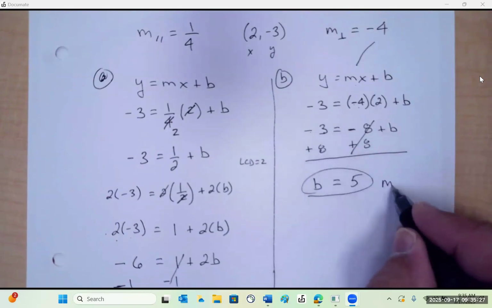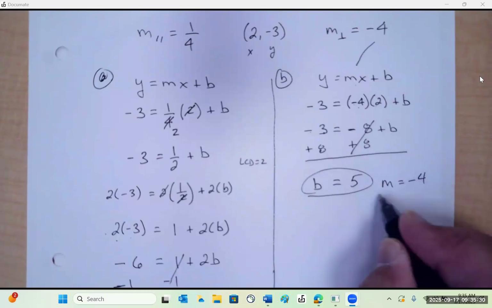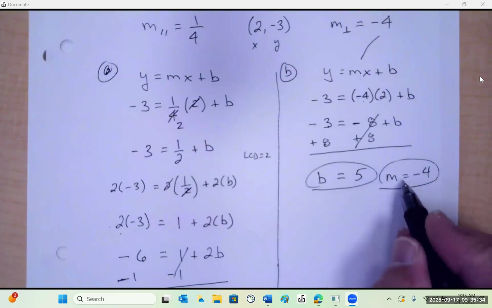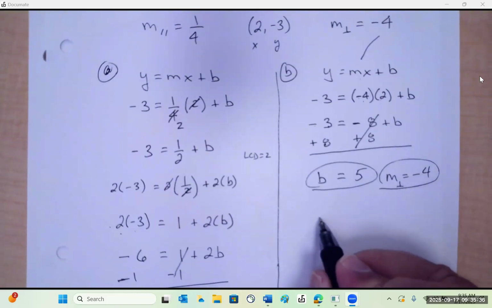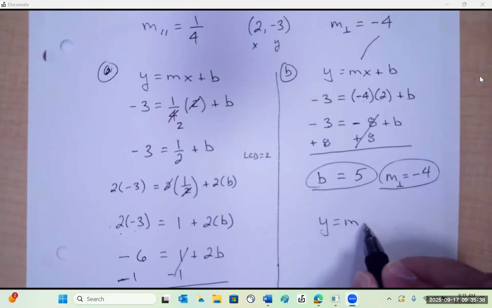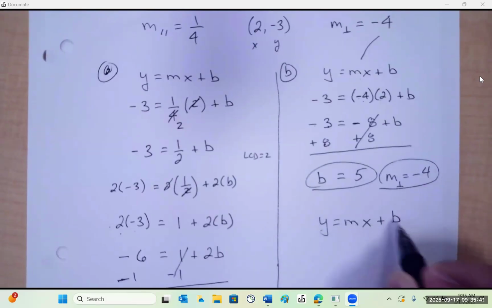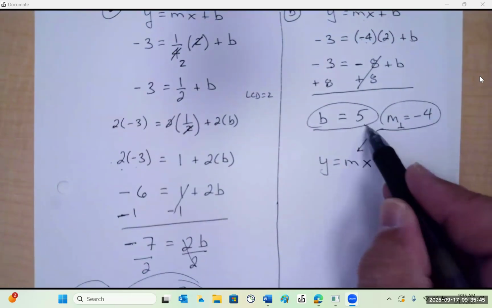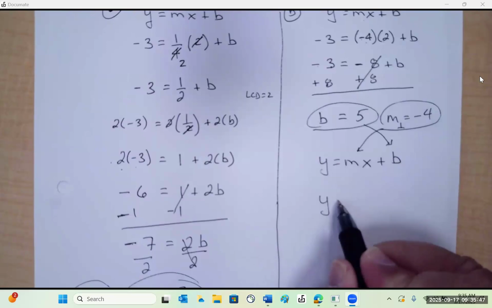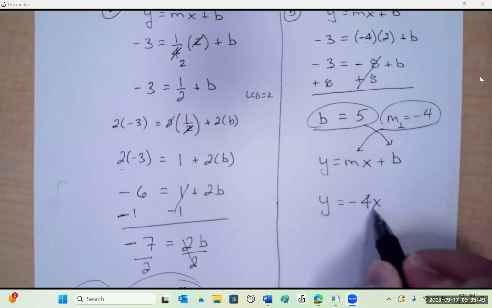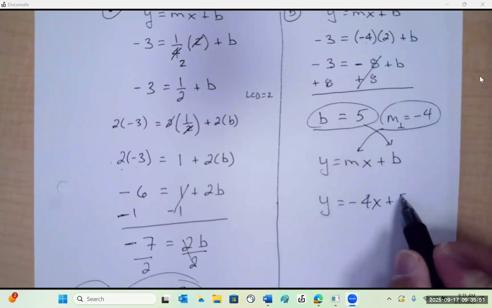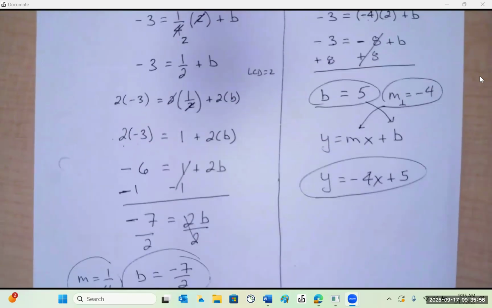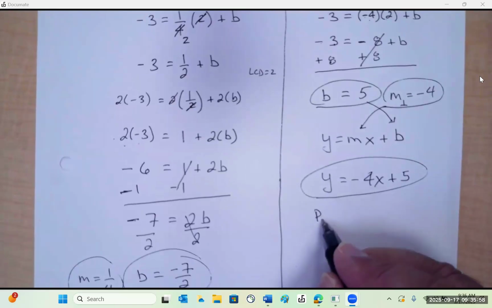And we know our slope is -4 because it's perpendicular. Plug everything in there. Here's my slope. Here's my y-intercept. So y is equal to -4x plus 5. This is the perpendicular.